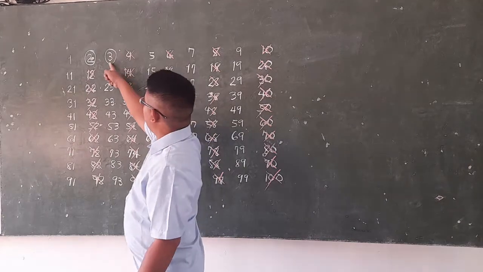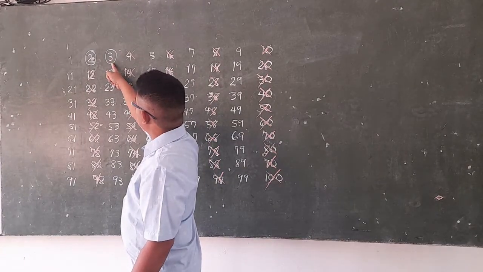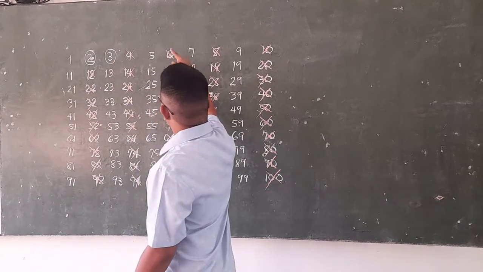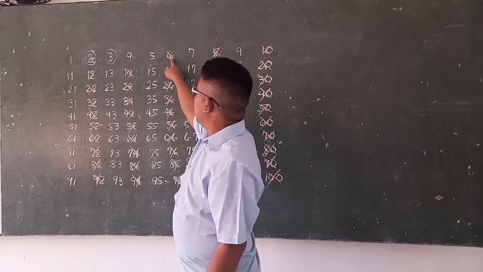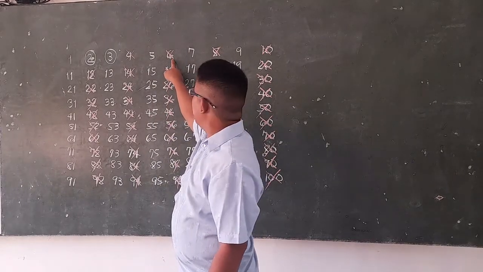So we are starting from here, which is 3. So plus 3 will be 6. So 6 is already crossed out. Then 6 added by 3 is 9.